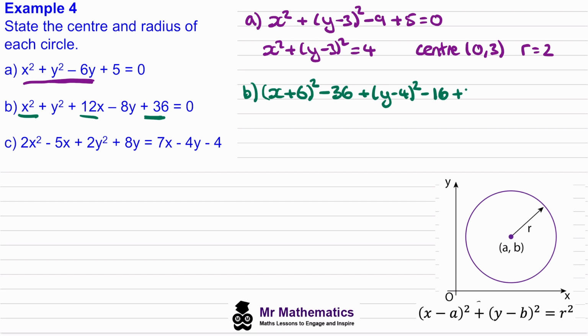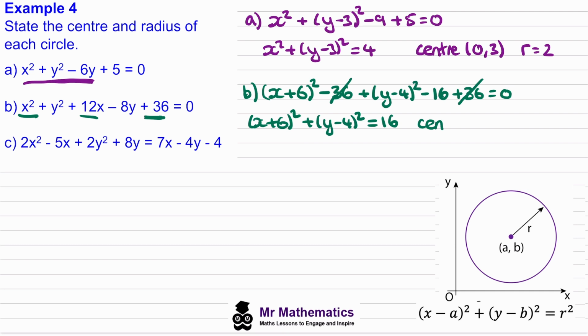So both equations are equal. Now we can tidy this up by collecting these like terms. This positive 36 will cancel with this one. So you've got x plus 6 squared plus y minus 4 squared. And then we'll move this negative 16 to the right hand side.